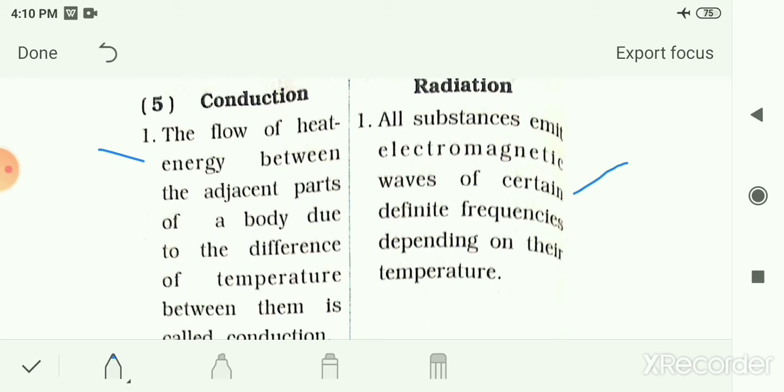So they are releasing these electromagnetic waves, and they have a certain fixed frequency which depends on their temperature. Due to these electromagnetic waves, the heat gets transferred, and that mode of transfer of heat is known as radiation. So this is the first difference between these two, conduction and radiation.